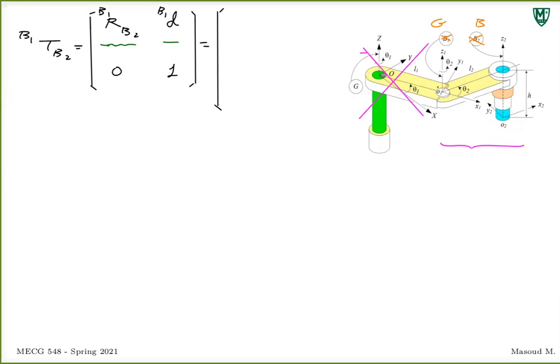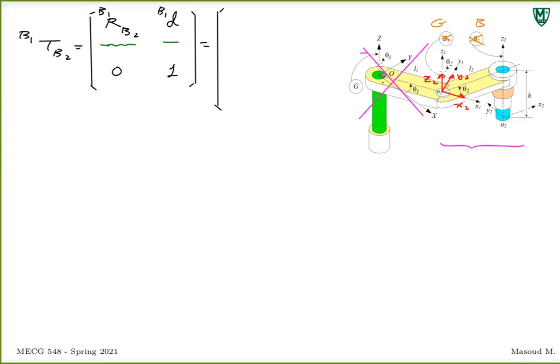Now, we were here before any motion happens. Remember, we always said local and global are aligned. So at the beginning, we were x2, y2, z2. These two were aligned.